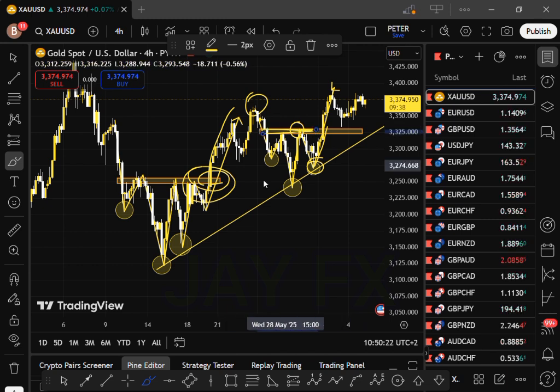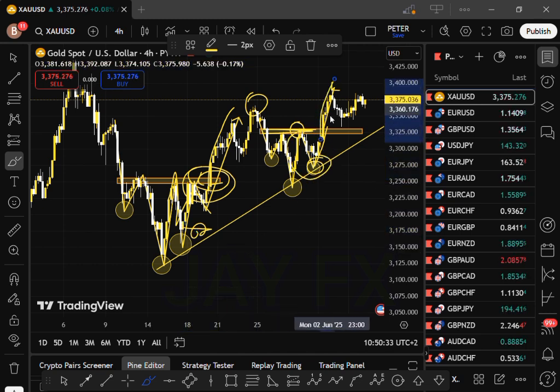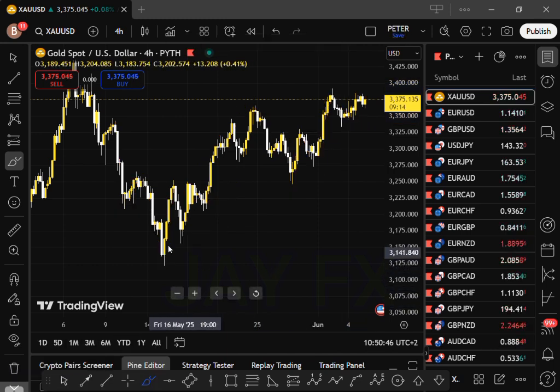It did differently, because previously it went up and came back to retest the previous shoulder, but this time around it didn't. It just went up, then it came back to retest this previous zone. So you can see what is happening. Also yesterday I bought gold. I hope you saw my videos in the short videos.